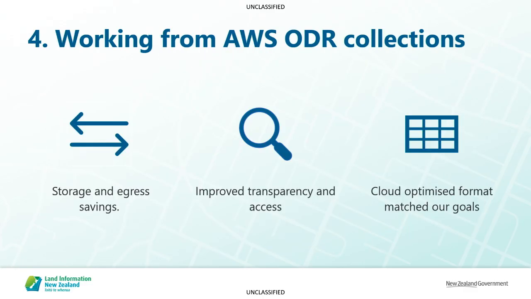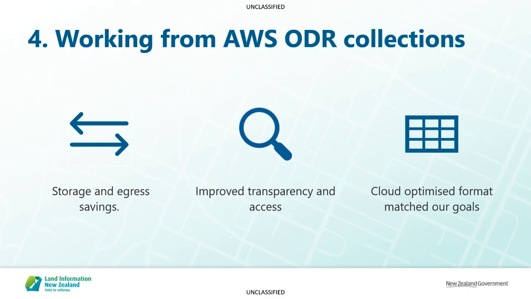Next, working on top of AWS's Open Data Registry is another key to the product success. It saves us a lot of money on storage and egress, but it improves transparency. This is why we have cloud-optimized GeoTIFFs available as whole surveys. Originally it was part of the pipeline to get data into basemaps.